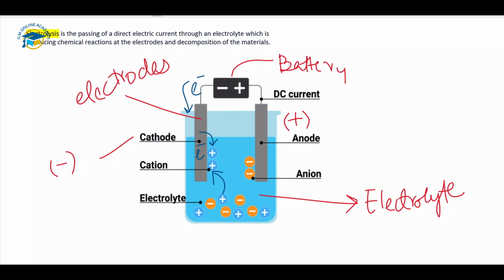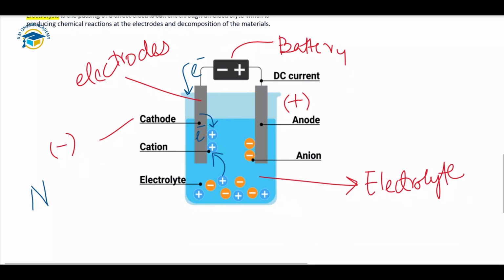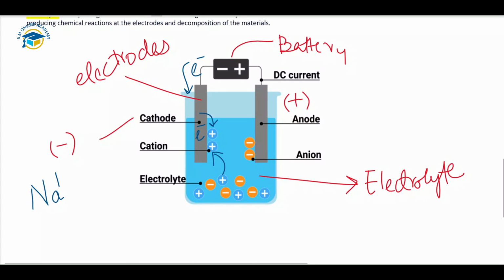For example, sodium has a positive charge, so when sodium moves towards the cathode, what will happen? A redox reaction happens here.